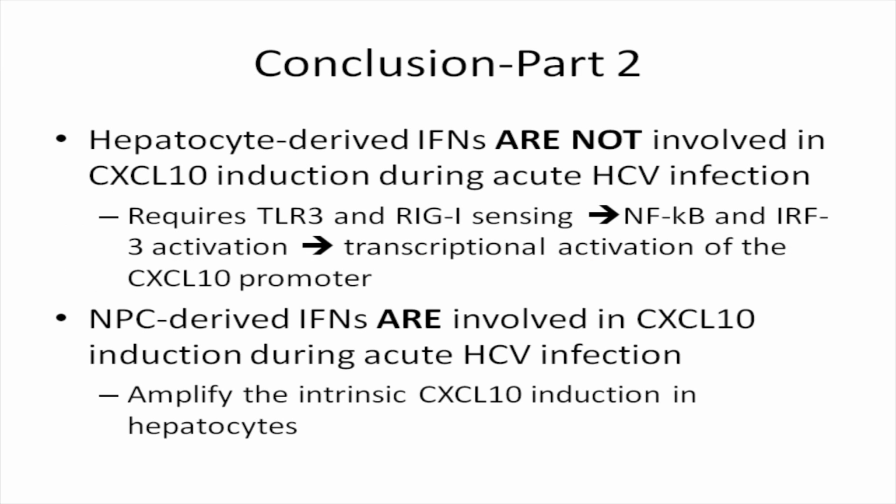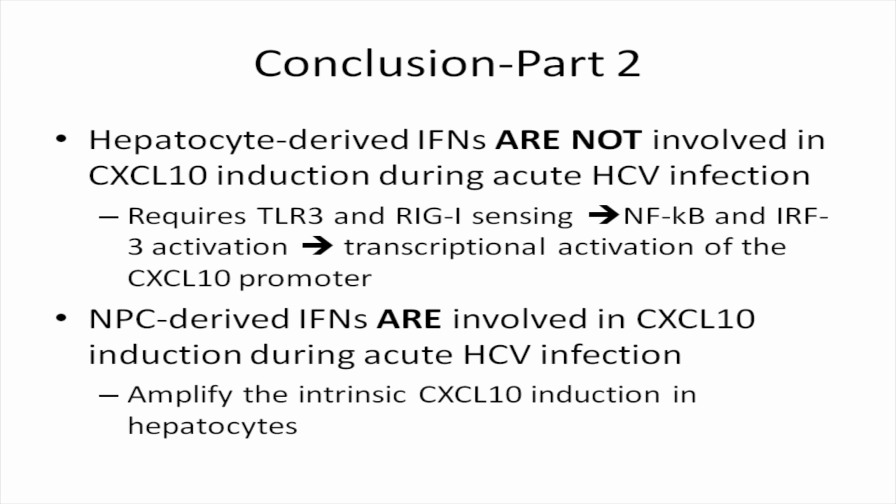So this part of the talk is that hepatocyte-derived interferons are not involved in CXCL10 induction during acute HCV infection. The induction requires both TLR3 and RIG-I sensing, which leads to NF-kappa B and IRF3 activation and direct transcriptional activation of the CXCL10 promoter.